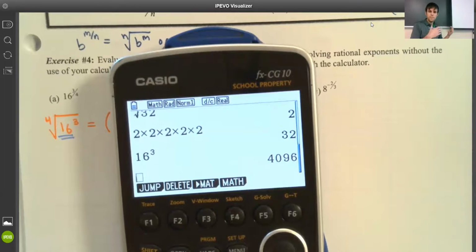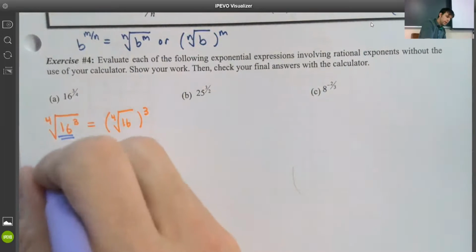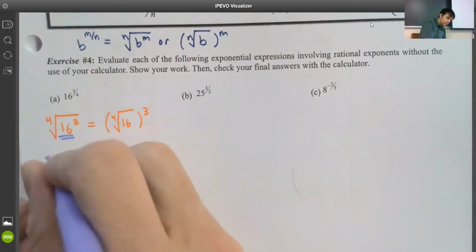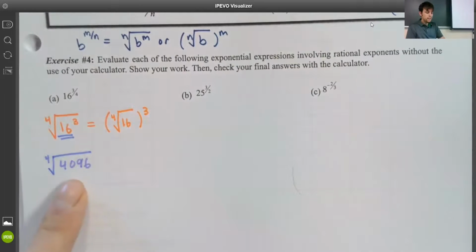4,096, right? If I'm going to be trying to do this without a calculator, that's a really big number to be working with. I'm going to go ahead and write it out because it is true, but I may not want to be working with a number quite this large. And now I need to know what the 4th root of 4,096 is. I don't know what the 4th root of this number is. This is huge.